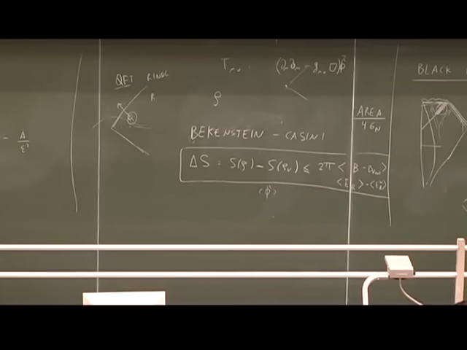Another thing people do in other applications is, for example, let's say in 2+1 dimensions, you can define the entropy for a circle of radius r. In that case, the entropy has a piece which goes like r/epsilon plus perhaps this finite piece, right?